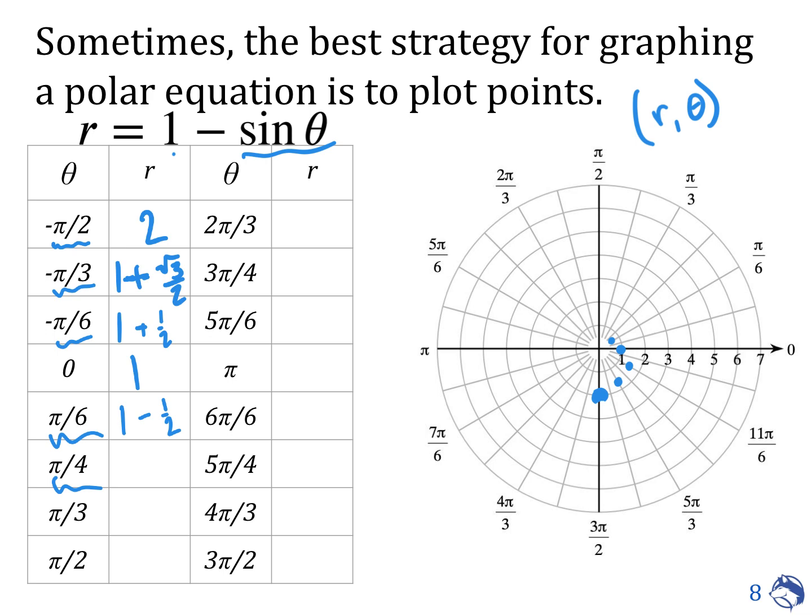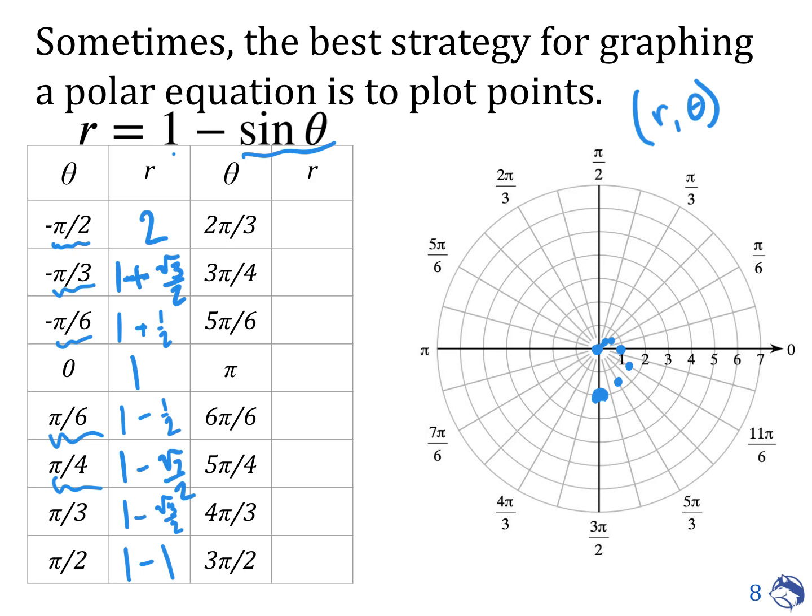The sine of pi over 4 is root 2 over 2, so I'm doing 1 minus root 2 over 2, which is in here somewhere. And then pi over 3, the sine is root 3 over 2, so 1 minus root 3 over 2. So that's right here. The sine of pi over 2 is 1, so I'm going to do 1 minus 1, and 1 minus 1 is 0. Then I need to follow this around.